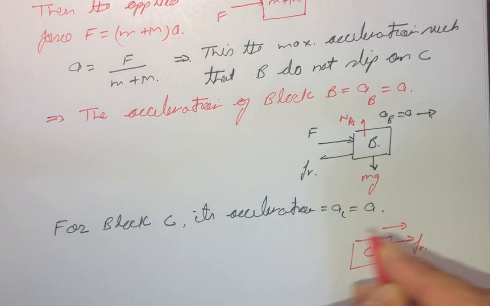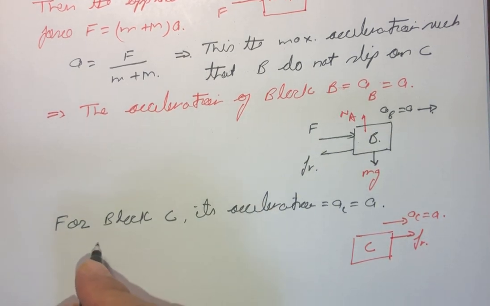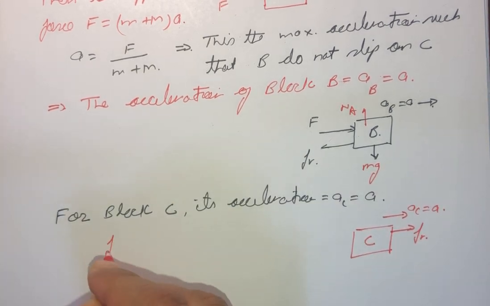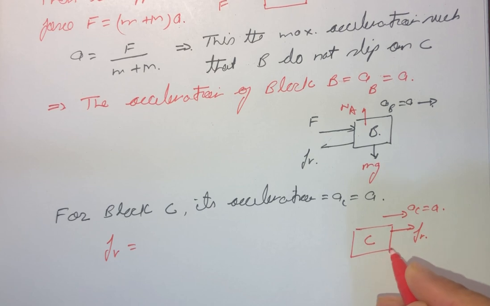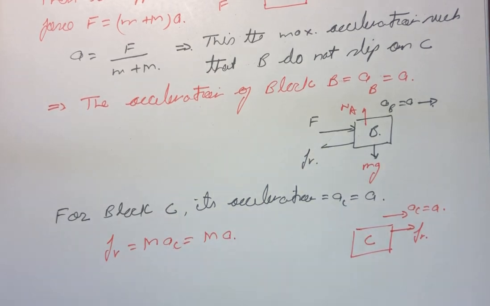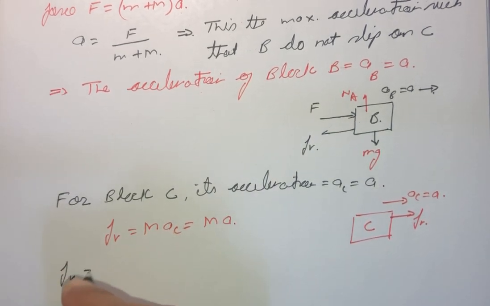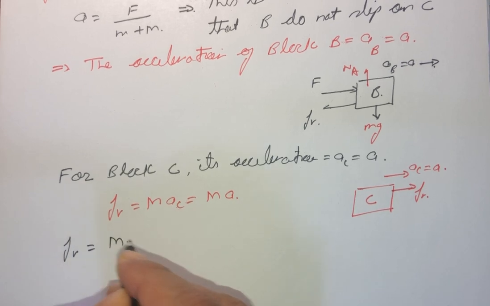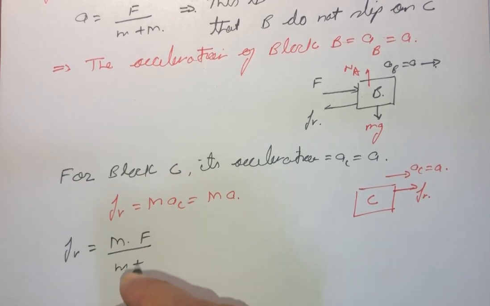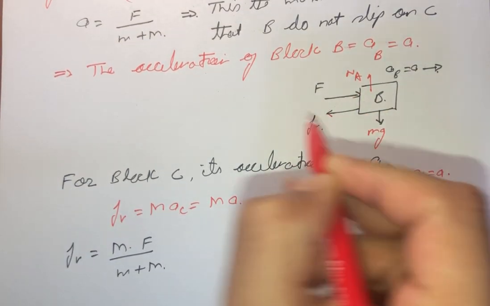It is moving towards right side with the acceleration of AC, which is equal to A. So from here we can write that Fr will be equal to, its mass is capital M, so this will be M into AC, which is nothing but M into A. And we already know value of A. We substitute it here, we get Fr is equal to M into F divided by m plus capital M. And we can find out the value of Fr from here.